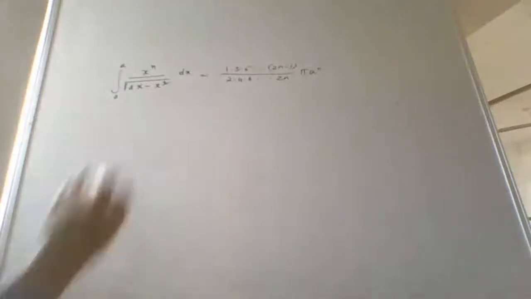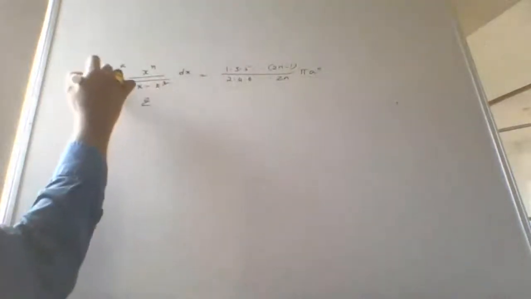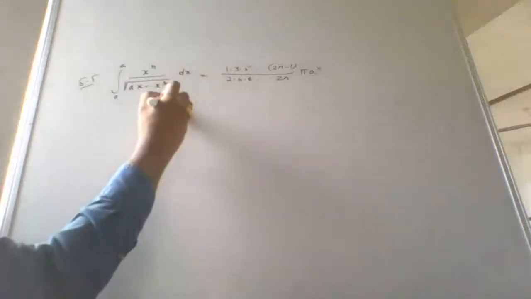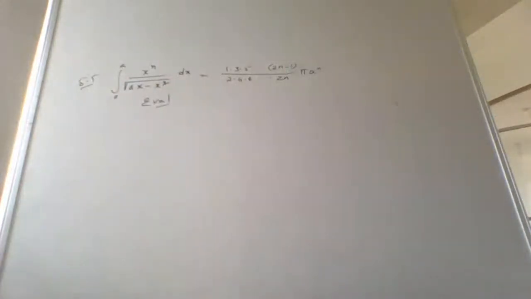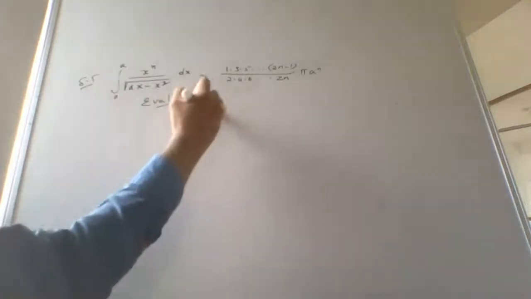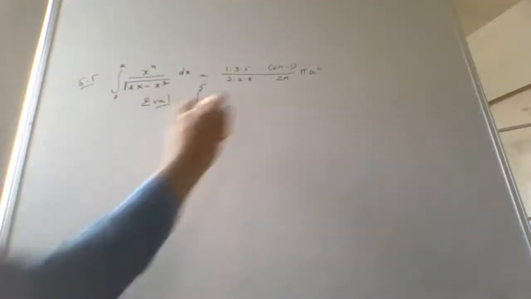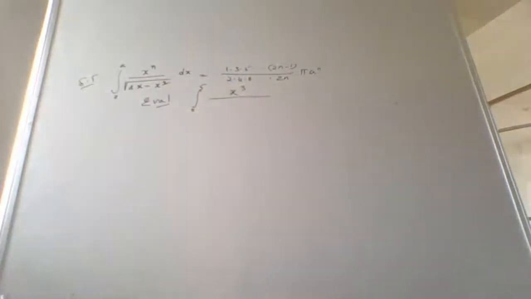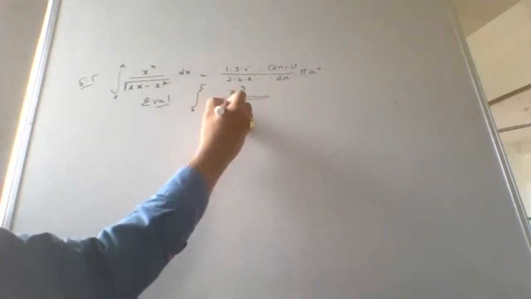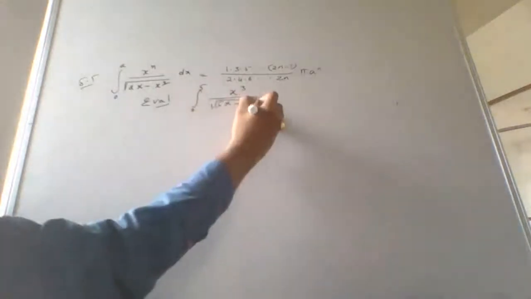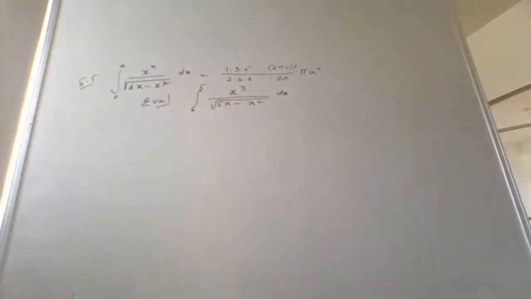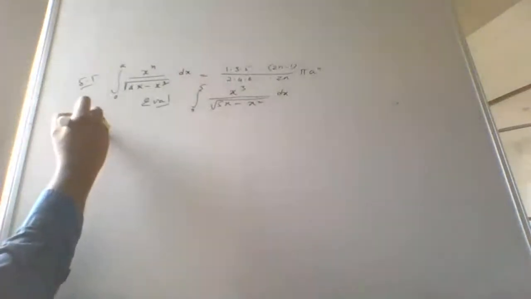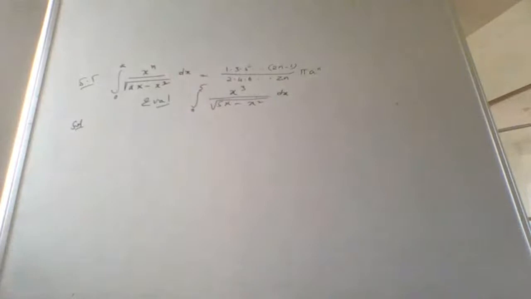That is what you have to show, and let us also evaluate the integral from 0 to 5 of x cube by square root of 5x minus x square, dx. Hence evaluate this also. Let us waste no time. Let us find the solution for that, and we'll try to get the above result also.